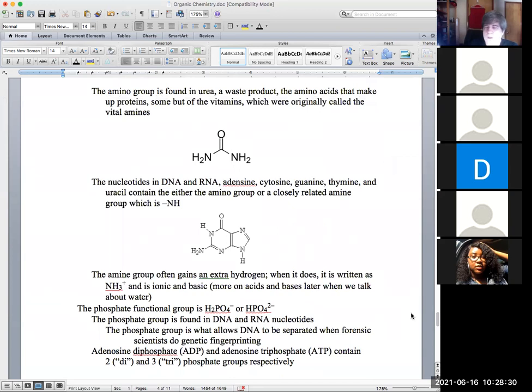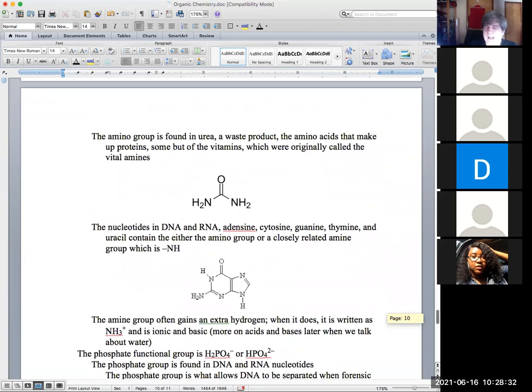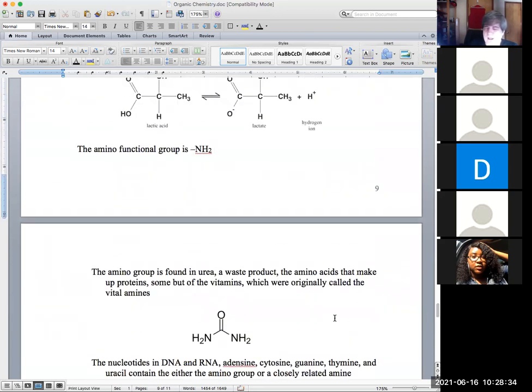So when we look at this NH2, we find it in many different places. One of the places that we mentioned before is that NH2 is found in urea, which is a waste product. One of the main types of waste that you have to get rid of in your body is nitrogen.